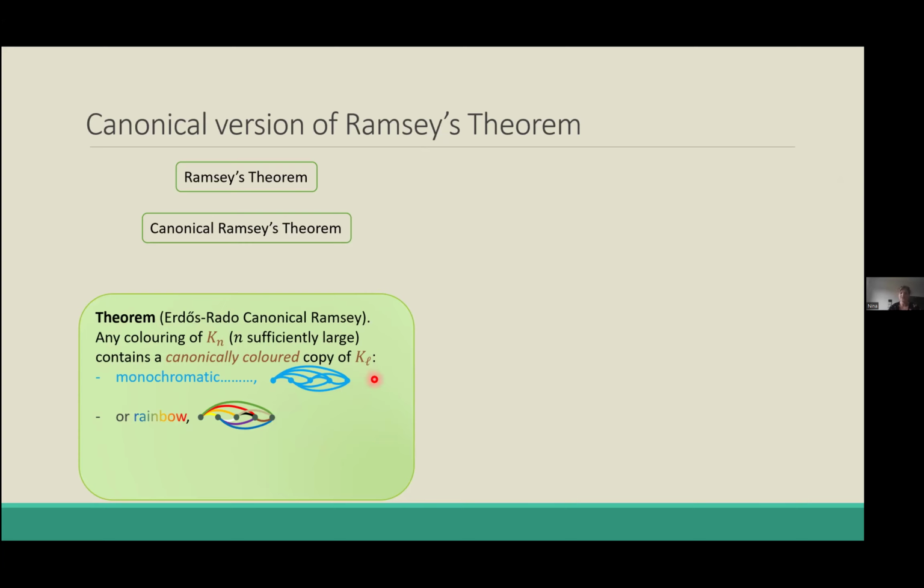So, okay, maybe then you try and prove a theorem in this form, and then very quickly you'll realize that it's false, because the adversary can also use this type of coloring, which I refer to as a min coloring, because each edge is colored according to its starting vertex. So this kind of coloring does not contain monochromatic or rainbow copies of K_L. So we need to add these type of copies to our list.